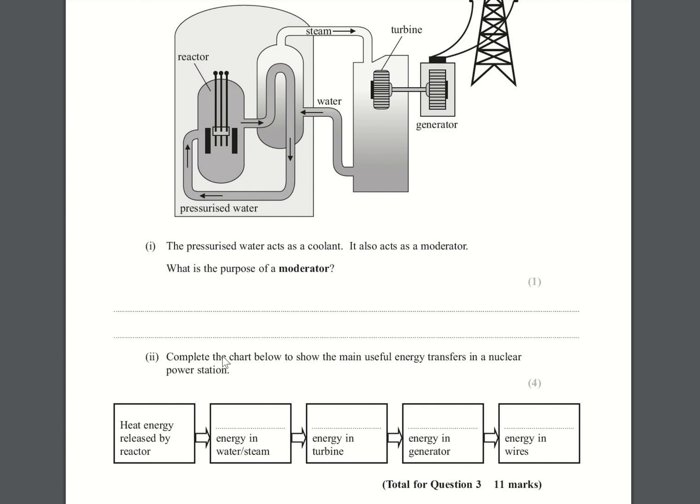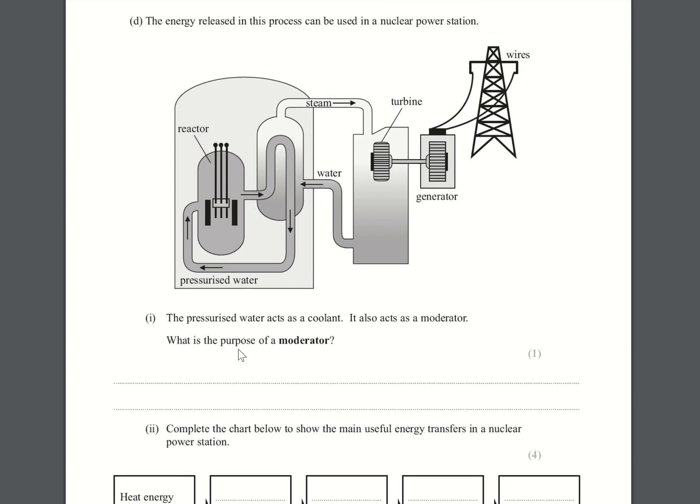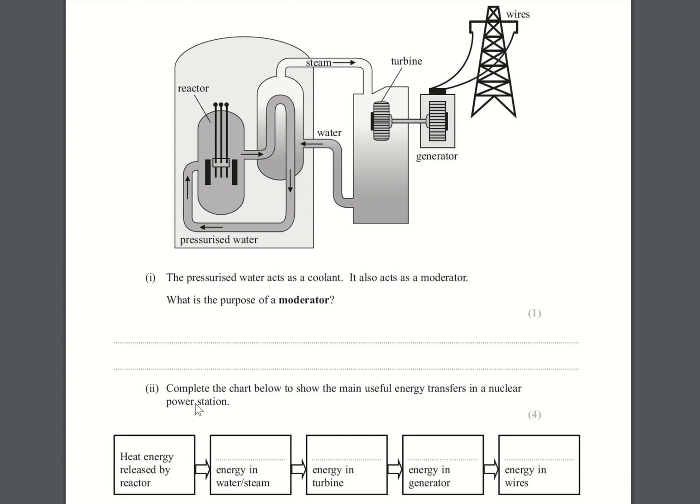Complete the chart below to show the main useful energy transfers in a nuclear power station. In a nuclear power station, heat energy is released by the reactor into heat energy in the water or the steam, which in turn is kinetic energy in a turbine, which turns into kinetic energy in a generator, into electrical energy in wires.